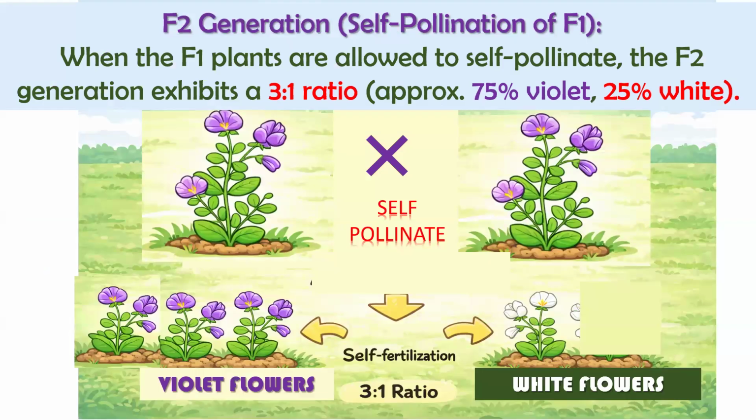And in the F2 generation, again self-pollination of the violet obtained from the cross-pollination of white and violet, the result was again 3:1. Three are violet flowers, one is a white flower.